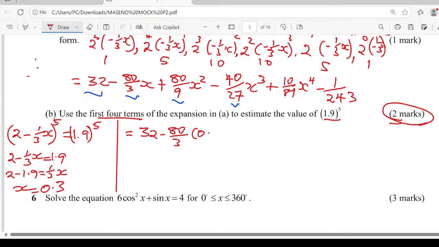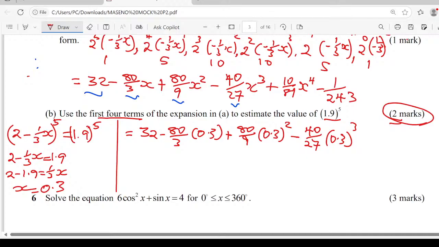Sorry, why is my pen misbehaving? 0.3, then plus 80 over 9 into 0.3 squared. Then finally minus 40 over 27 into 0.3 cubed.